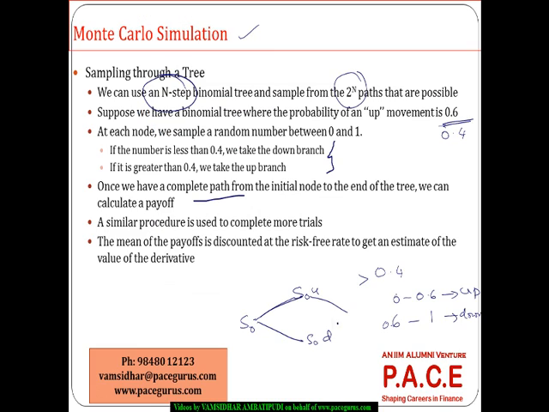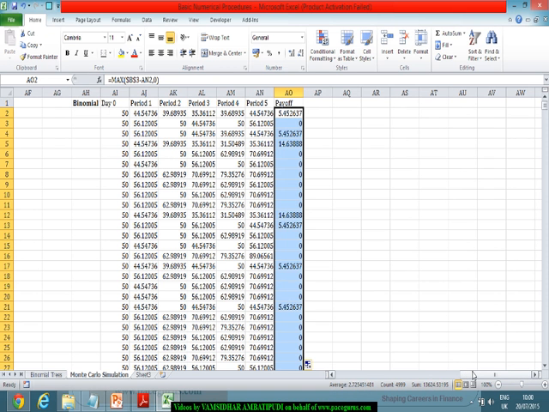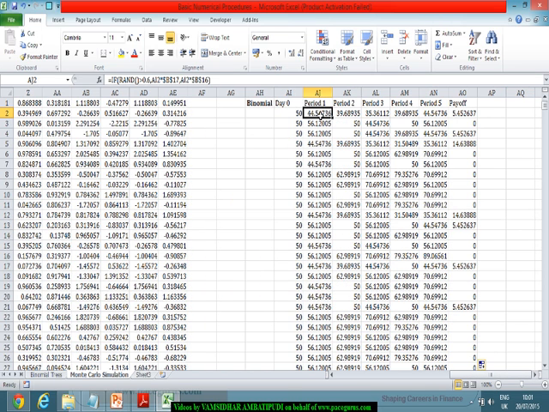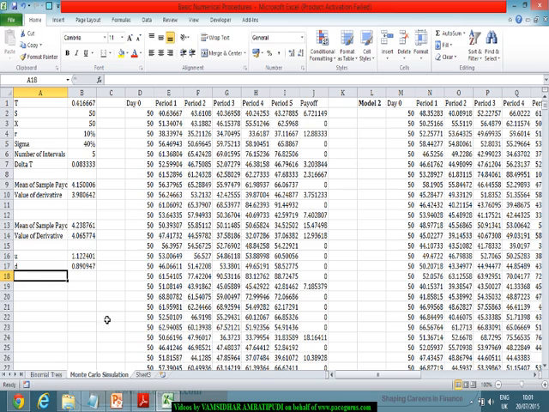These are the payoffs, and I have a similar procedure to complete more trials. I'm taking the mean and then finding the value of the derivative. So here I have taken 60, but let me take the probability of going up and going down itself so that I can match it comfortably.